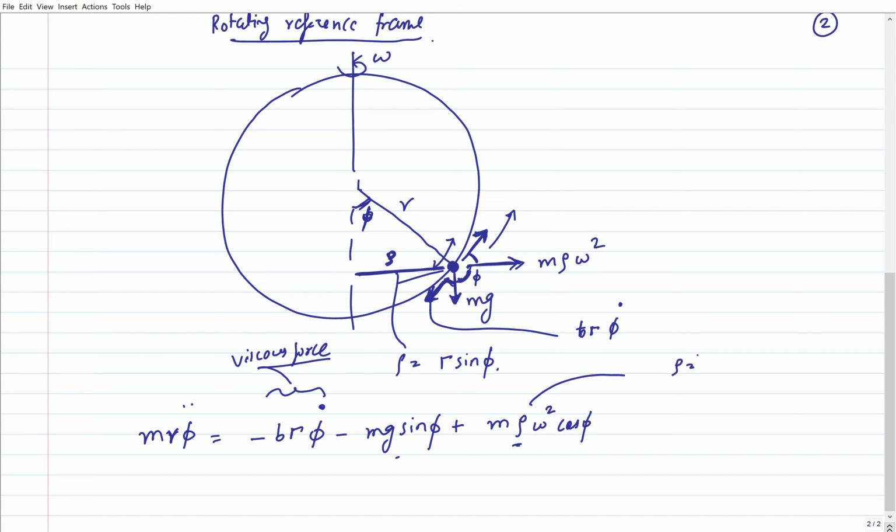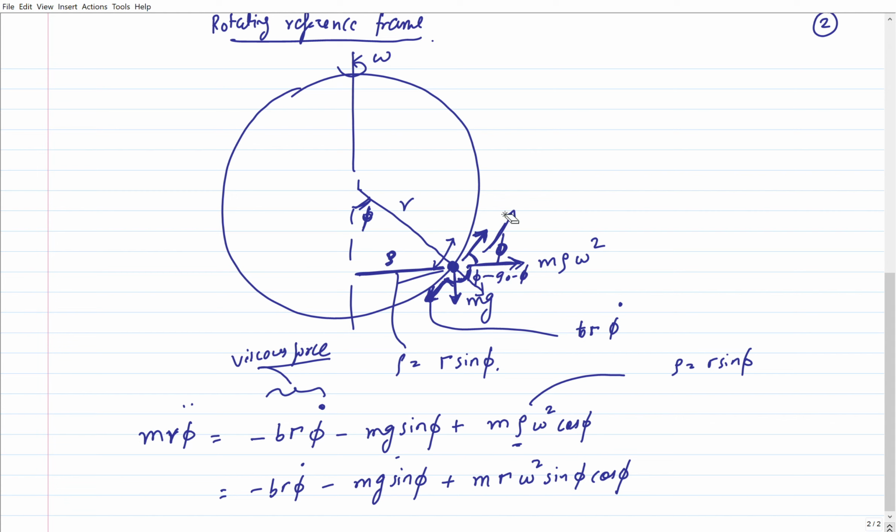So I plug in, and this is what's happening. Actually, I should say this angle was phi, and if you calculate it, this other angle would be 90 minus phi.